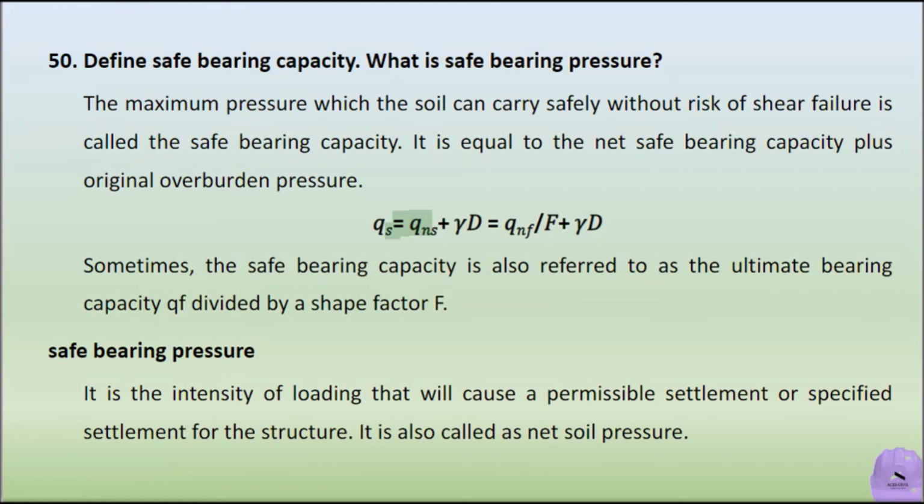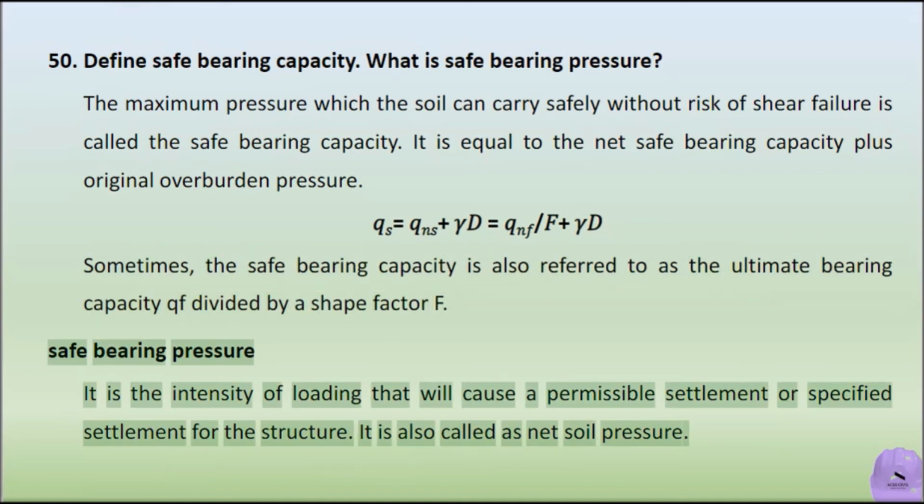Sometimes, the safe bearing capacity is also referred to as the ultimate bearing capacity qf divided by a factor of safety F. Safe bearing pressure is the intensity of loading that will cause a permissible settlement or specified settlement for the structure. It is also called the net soil pressure.